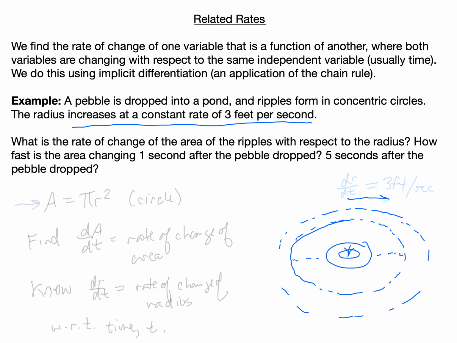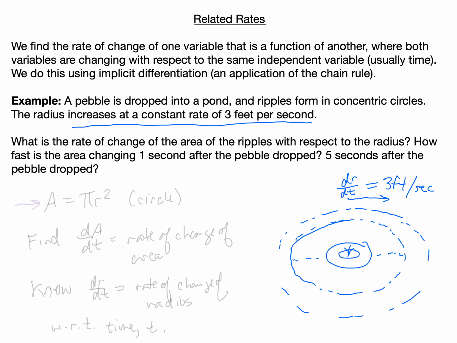So the radius of these concentric circles in the water is increasing at 3 feet per second. That's the rate of change of the radius. We'll call that dr dt. The rate of change of the radius is 3 feet per second.